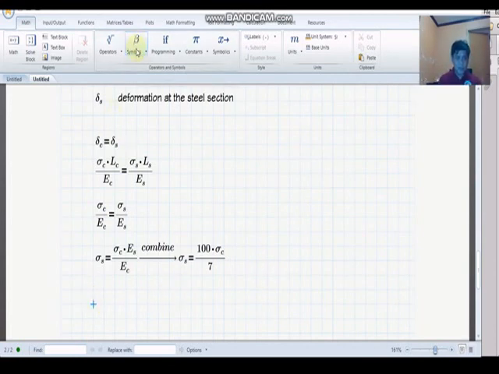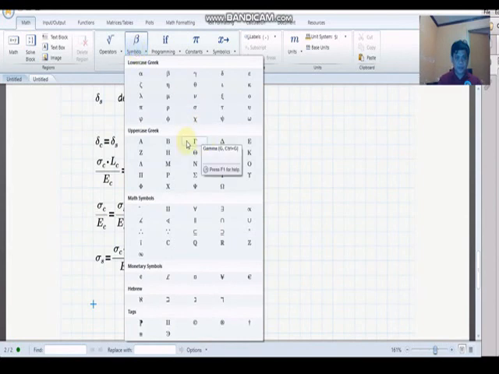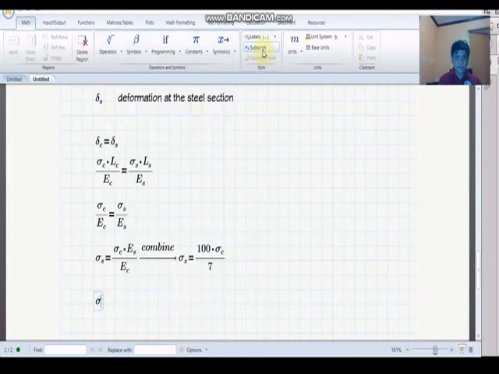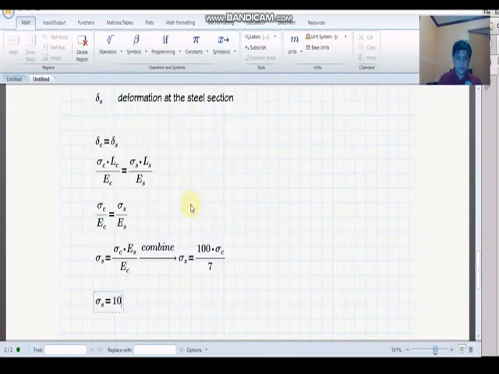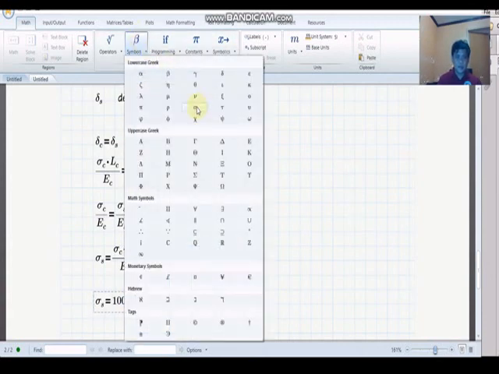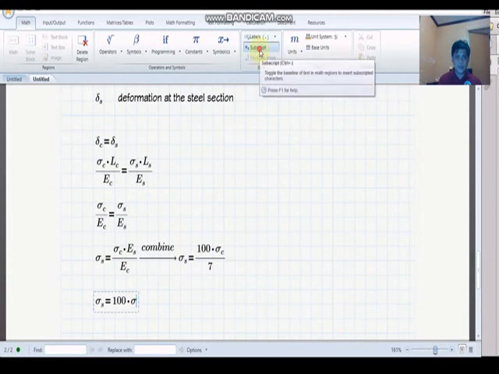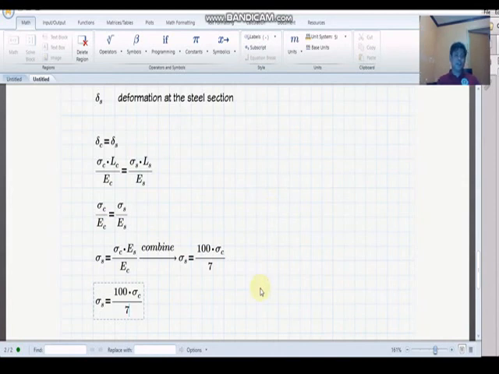The stress in the steel is now equal to 100 times the stress of concrete divided by 7. So that is the relationship between the stress of the steel and your concrete. This is our equation from compatibility, and this is our equation 2.